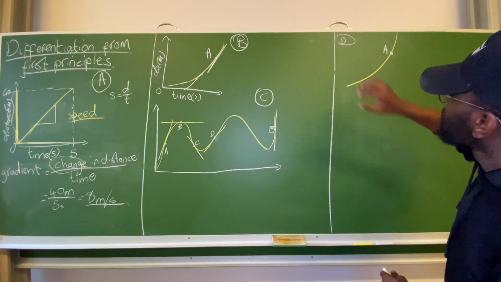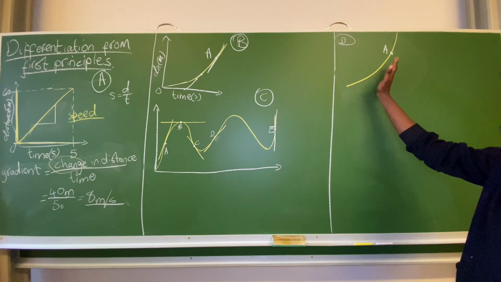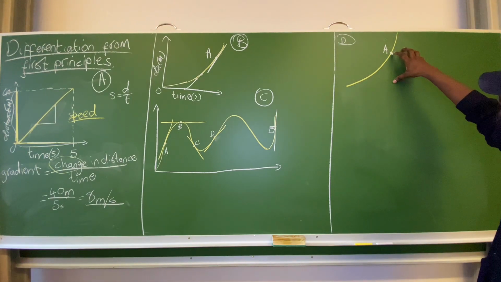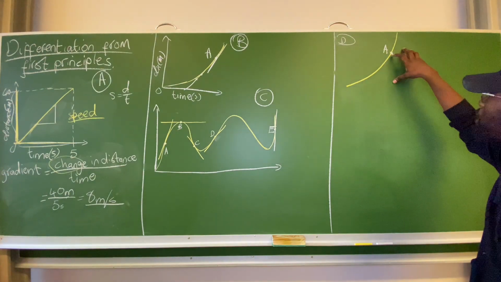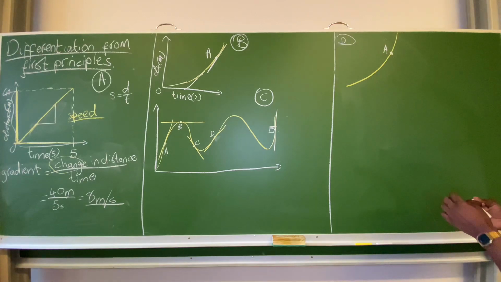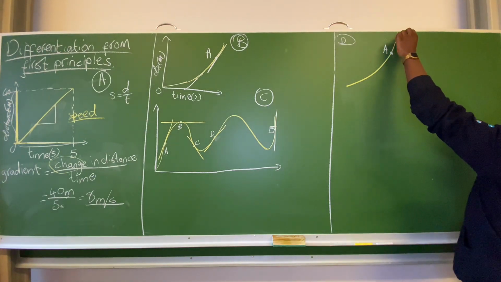Okay, now let's look at D. Suppose we have a graph with a changing gradient as we move through the graph. Suppose we put a point there, A, and we want to find the gradient at point A. Now, to get a picture of the gradient, we're going to put a tangent.